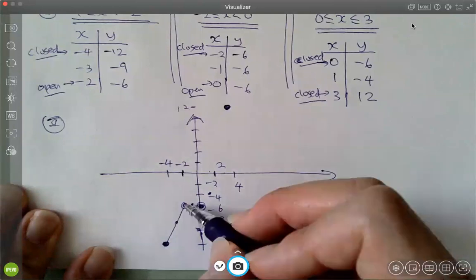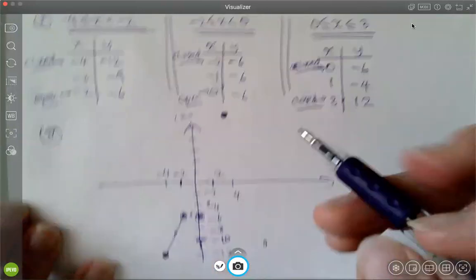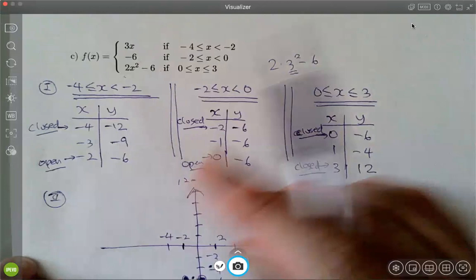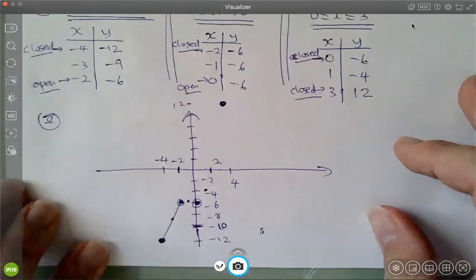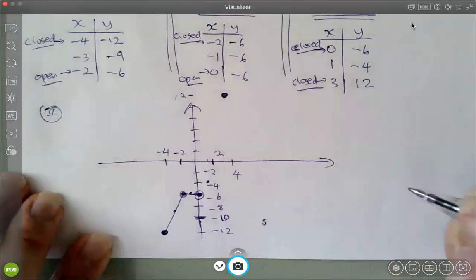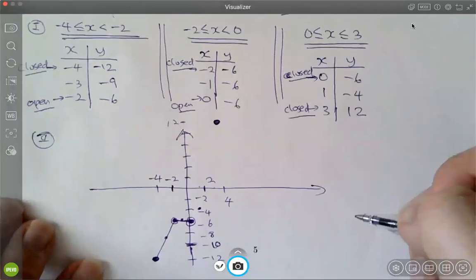Because this first line was only valid when x lies in between -4 and -2. And then the next 3 points, they form a horizontal line, right? And because of the similar reason, we do not extend our horizontal line. It's just that piece, right?